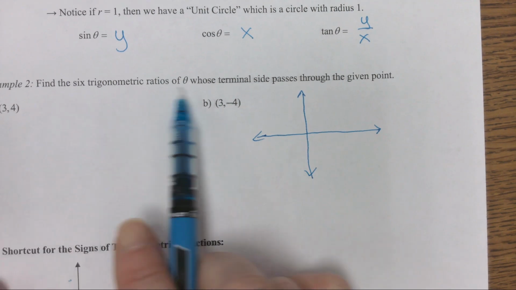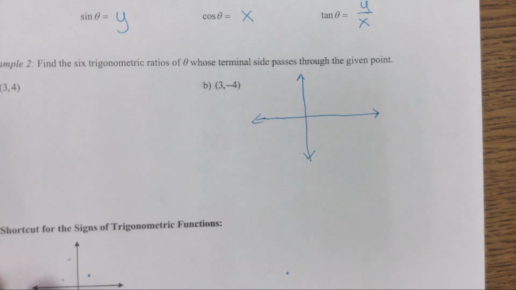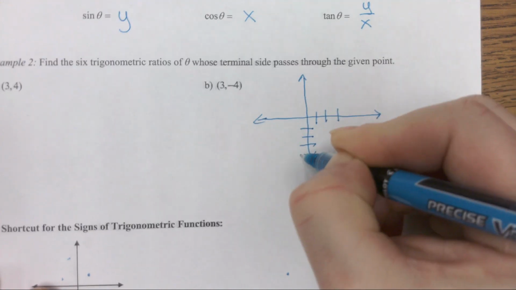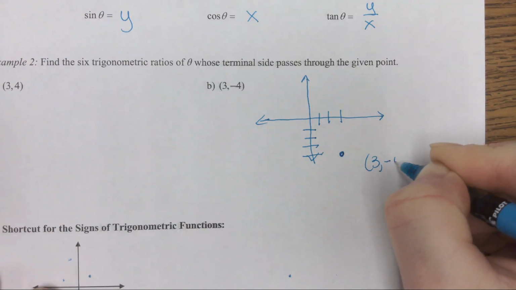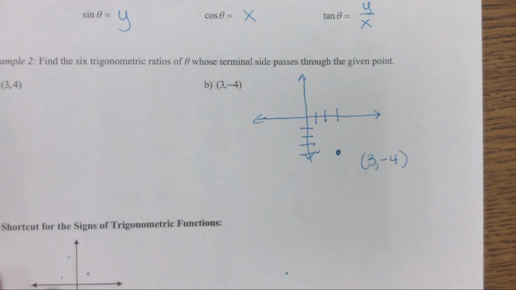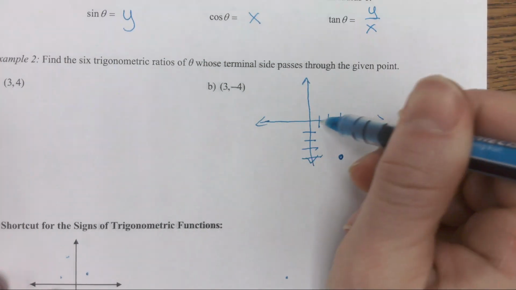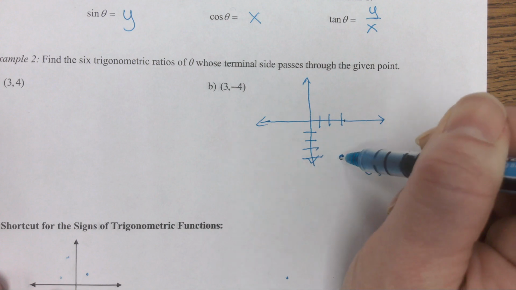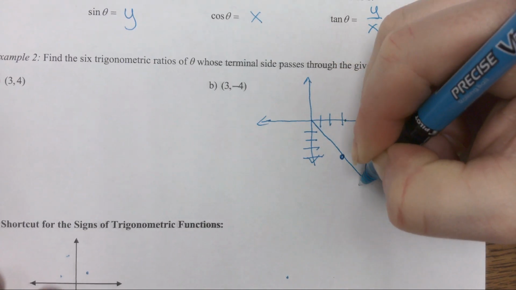Would you plot the point 3, -4 and label it, please? Would you pretend that you start an angle over here and you rotate it all around and you end your angle here? And would you draw then the terminal side, which is right there?